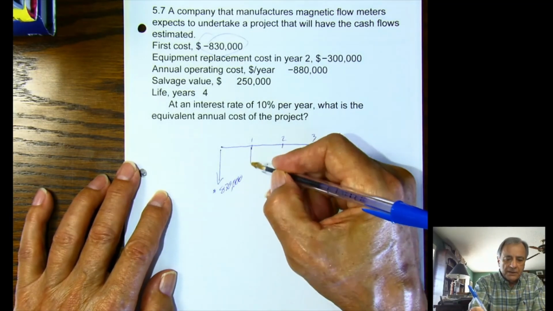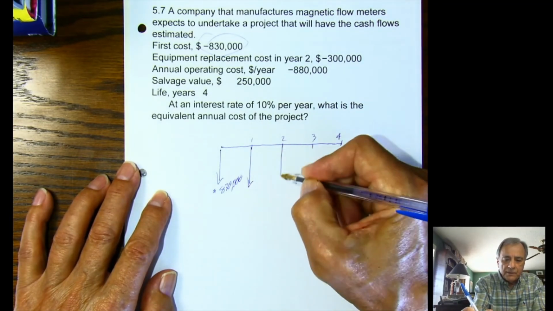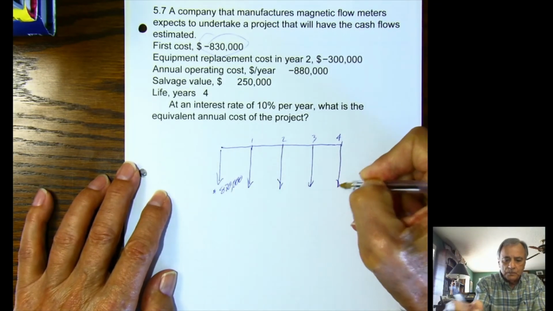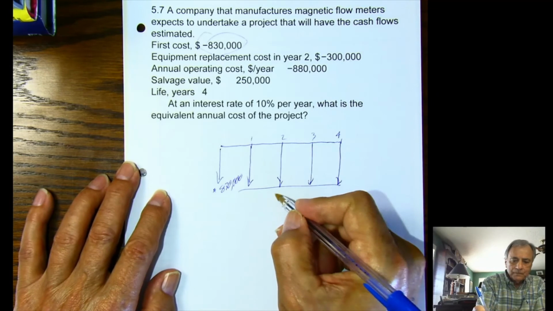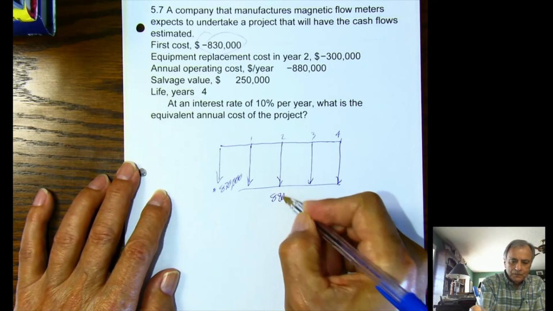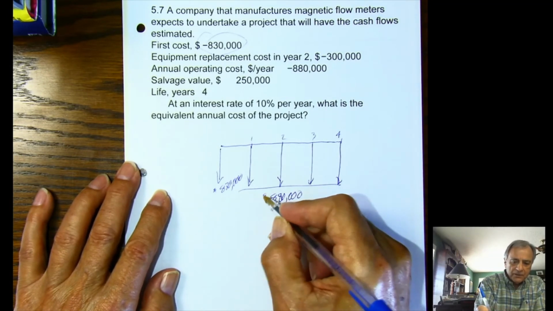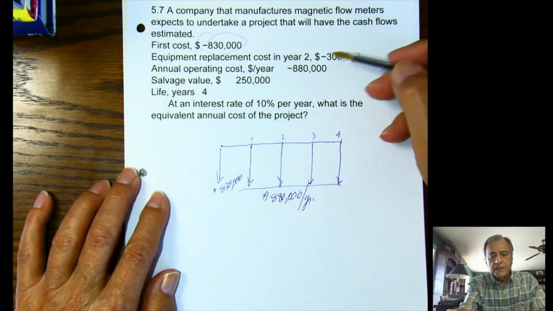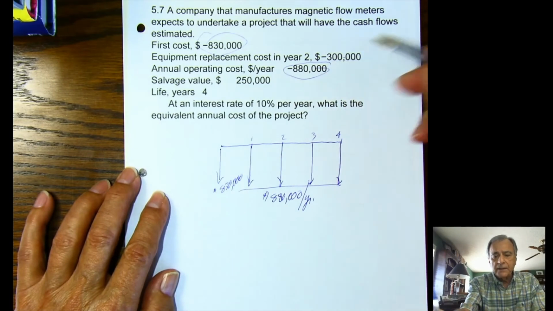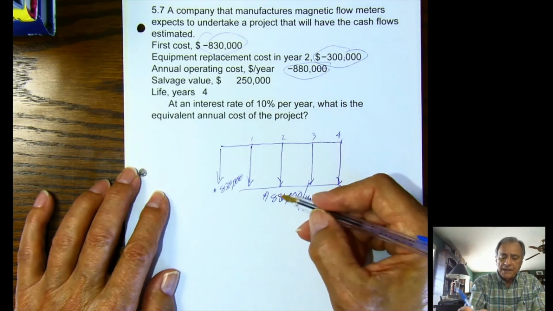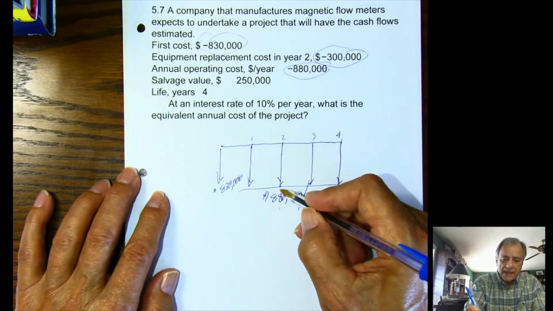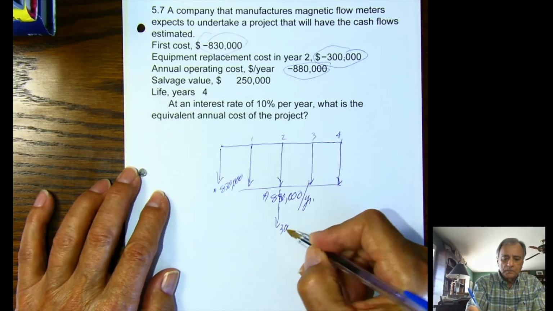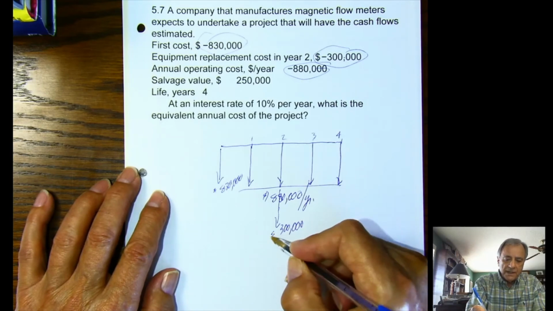That's $880,000 a year for the entire 4 years. That's dollars per year. Then I have at time 2 a minus $300,000, so that gets added here at time 2. And that's a single cash flow.